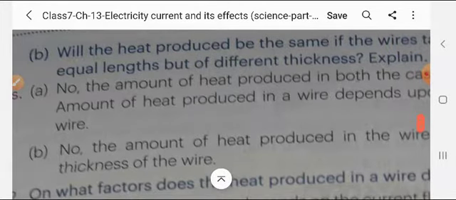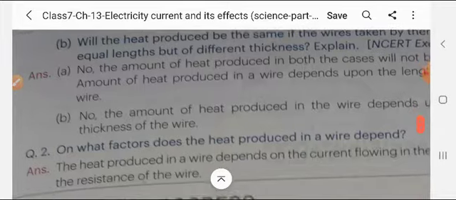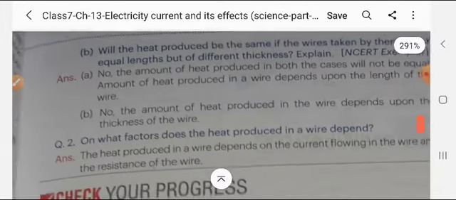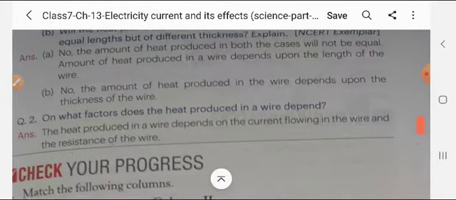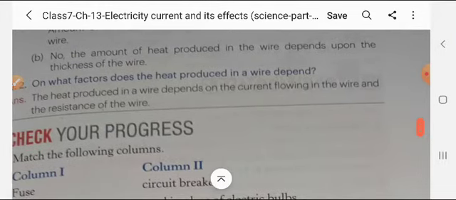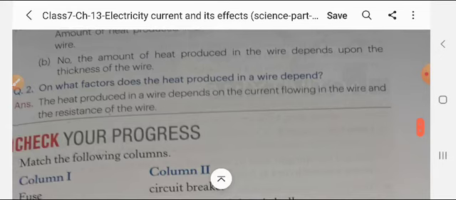In that case also, more current could flow in the thicker wire compared to the thin wire. So the answer may be no. The amount of heat produced in the wire depends on the thickness of the wire. That means a thick wire can pass greater electric current than a thin wire.